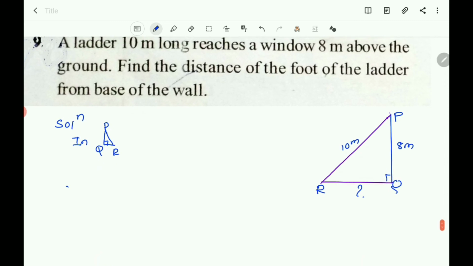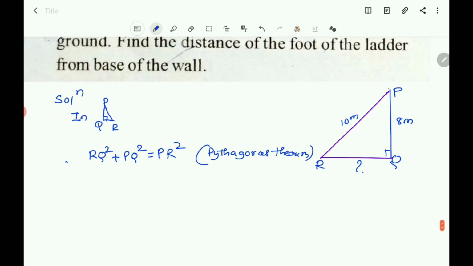You write RQ square plus PQ square is equal to PR square. The reason is the Pythagoras theorem. Next, RQ is not given. You write it as it is: RQ square plus PQ is 8 square and PR is 10 square.